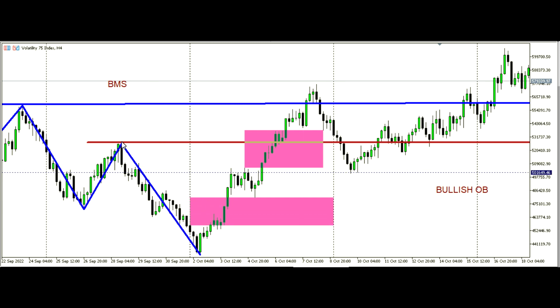But we are saying that this whole area is an order block. Now we have a bigger picture, but what of the smaller picture? We have a smaller picture as well. Here we have another nice order block. We have a very nice and beautiful order block here on the 4-hour time frame.